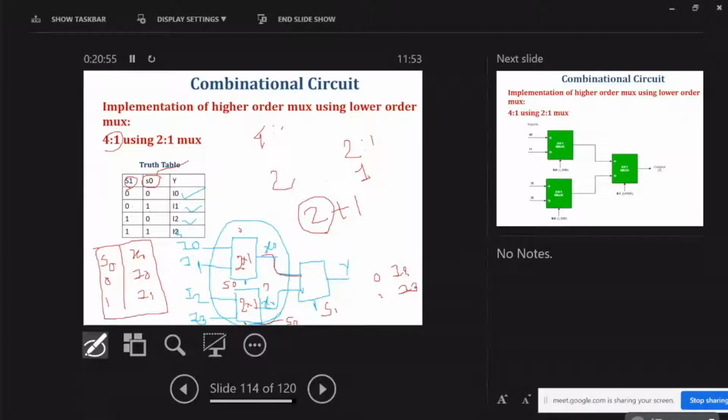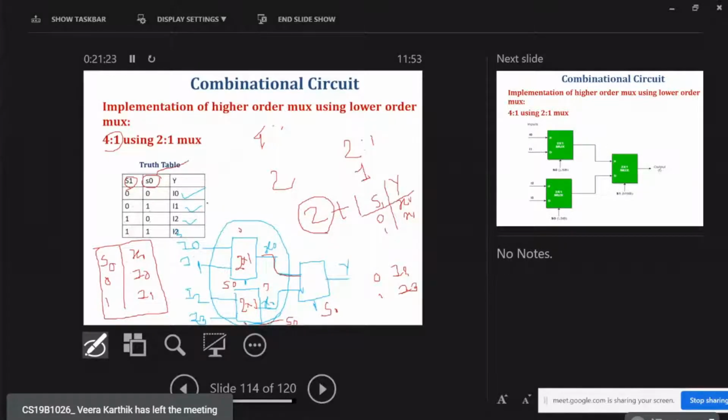For the next level, either x0 or x1 will be selected. So s1 takes two values, 0 and 1, and it selects x0 or x1.